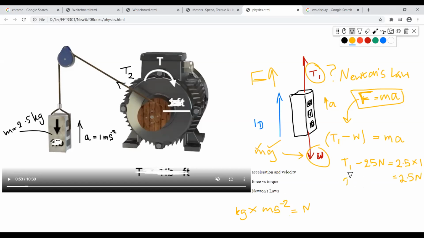So T1 minus 25 newtons is equal to 2.5 newtons. Therefore, T1 is equal to 20. I am taking this 25 to the other side, so it's going to be plus, and the final answer is going to be 27.5 newtons.